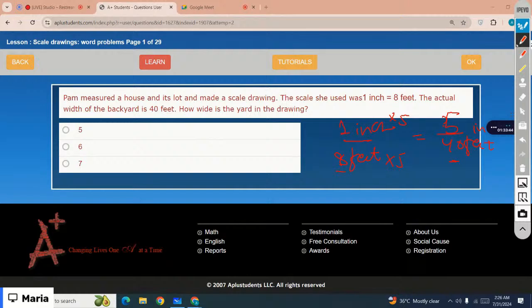The correct option is 5. Okay, let's just start with the next question.